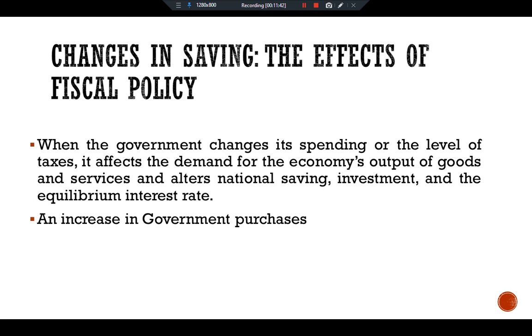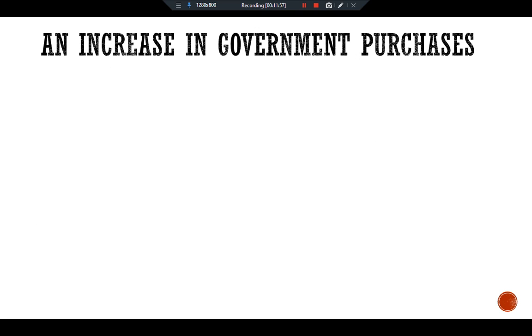Here are the two ways fiscal policy affects the equilibrium: an increase in government purchases and a decrease in taxes. Okay, let's start with the increase in government purchases.